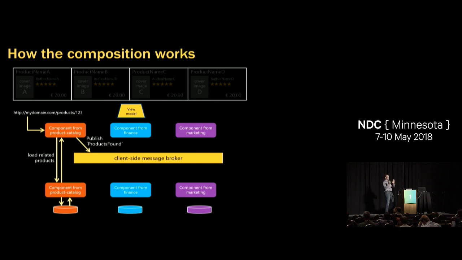So it's raising an event. This is an in-memory, in-process event in the web tier that's saying, I found this list of product IDs. Whoever is interested, do with it what you like. Now we have two other services, two other vertical slices, that are subscribed to that event that says the product's loaded.